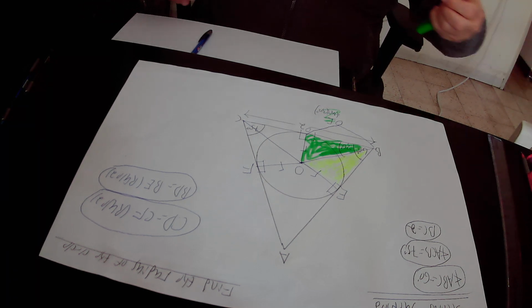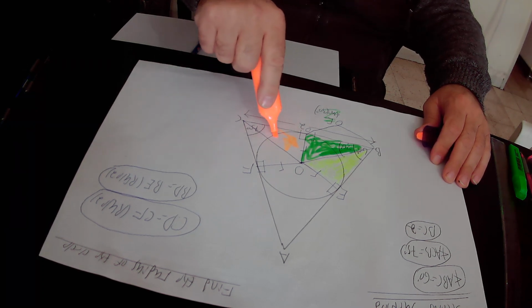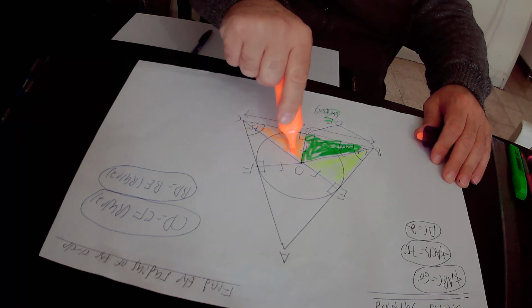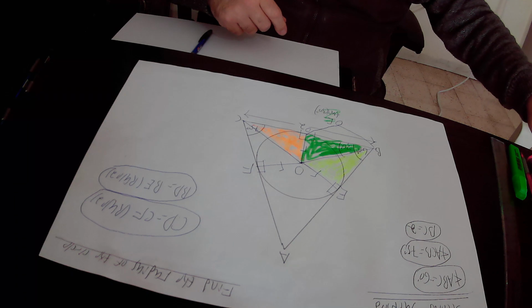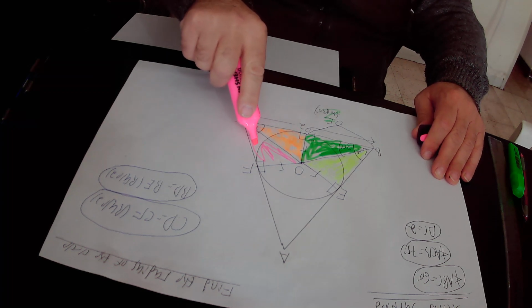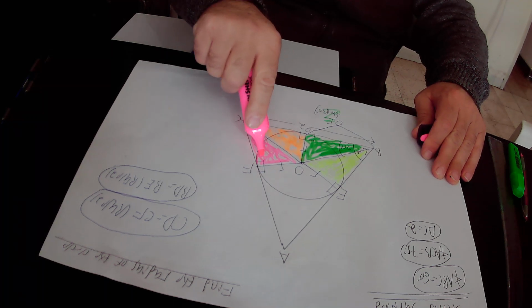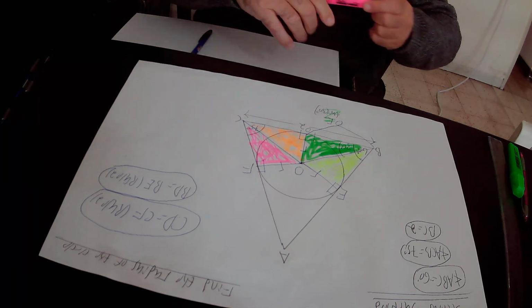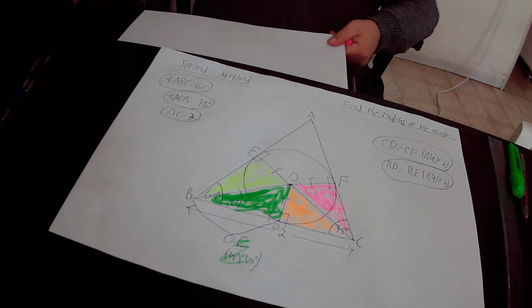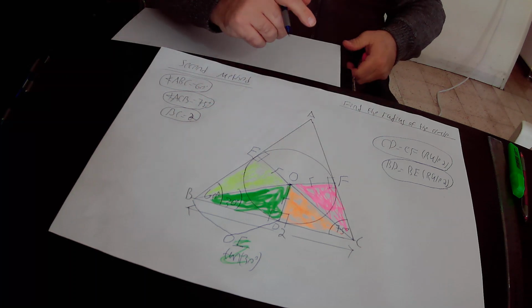That is to say, we prove that the orange right triangle ODC is congruent to the pink right triangle OFC. So why can those two right triangles go into each other?